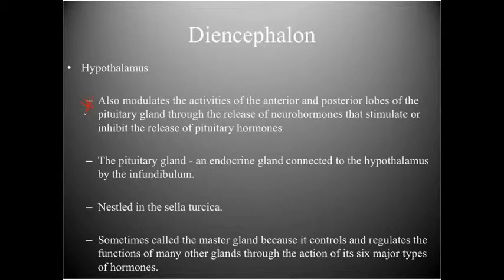We all know that it's nestled inside the sella turcica, and it's sometimes called the master gland because it controls and regulates the function of many other glands through the action of its 6 major types of hormones. So the pituitary gland is very important, but also the hypothalamus is very important because it has neurohormones which will act on the pituitary gland to cause the secretion of its hormones. So actually, while the pituitary gland may be called the master gland, that could be said for the hypothalamus as well.